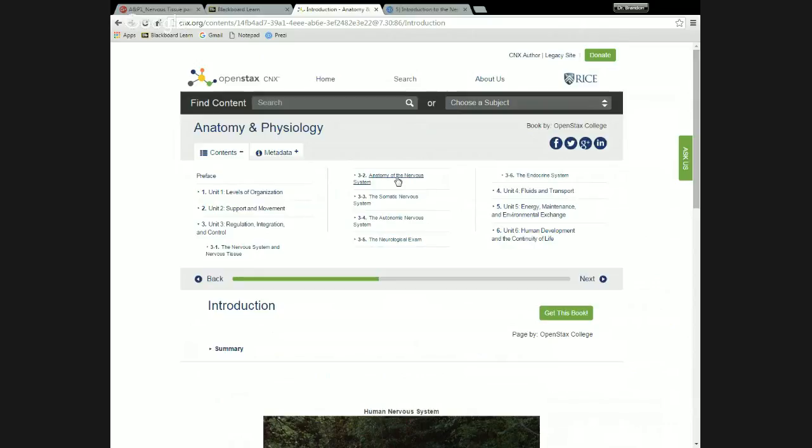The physiology of the nervous system, again, at more of the behavioral level, is distributed across the next 2 chapters. So there's one chapter looking at the somatic nervous system, which is, as I describe it, conscious perception and voluntary control of our bodies. And then another chapter about the autonomic system, which is homeostasis for the most part.